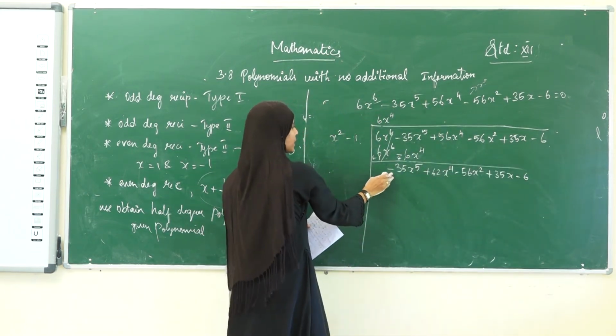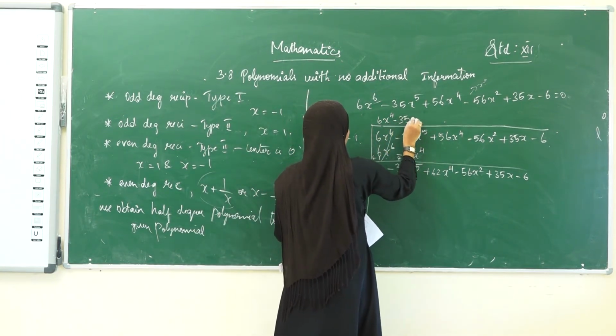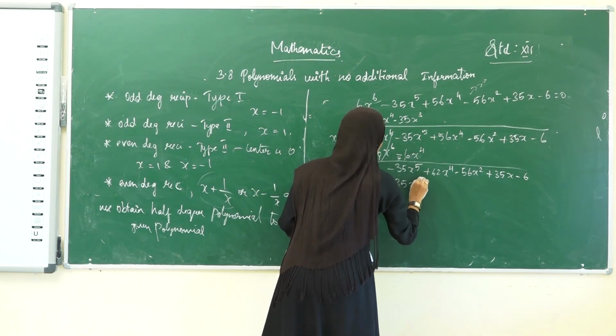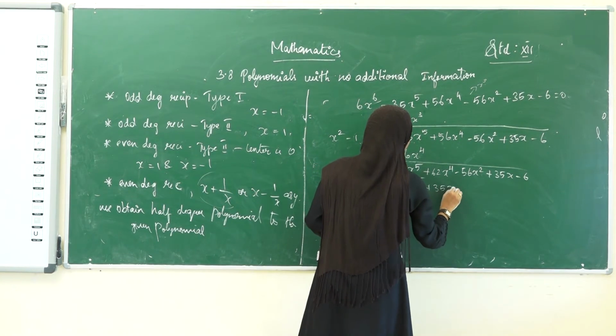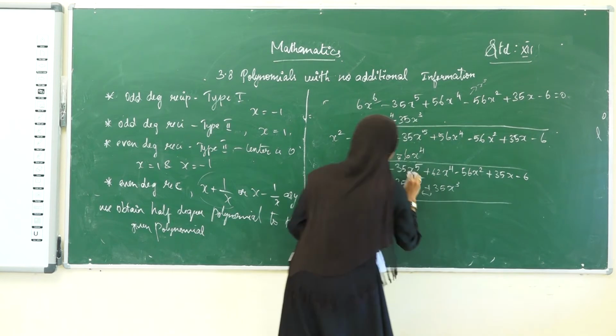See the first term here, it is minus 35x power 5. Here it is x square. Multiplying this with minus 35x cube, we get minus 35x power 5. Minus into minus is plus 35x cube. Change the symbols again. This term gets cancelled.